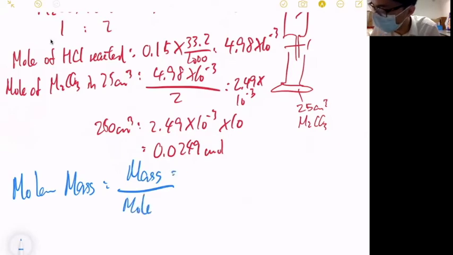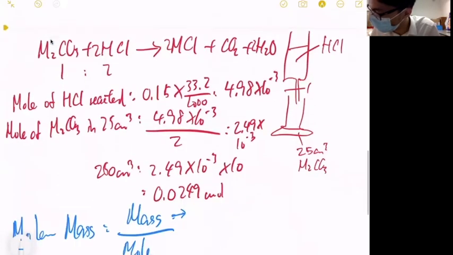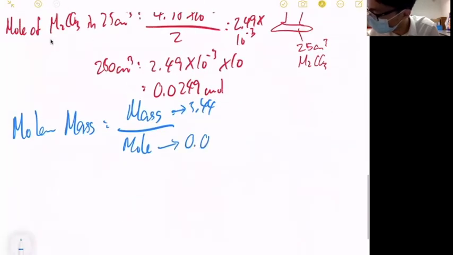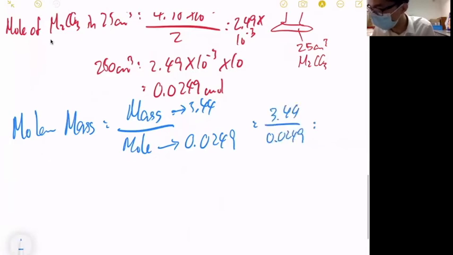So mass will be 3.44, mole will be 0.0249, and 3.44 divided by 0.0249, and you can get 138.15 will be the molar mass of the metal carbonate, M2CO3. That is A part.